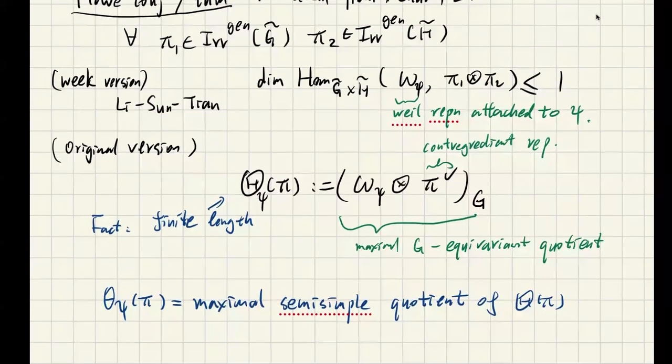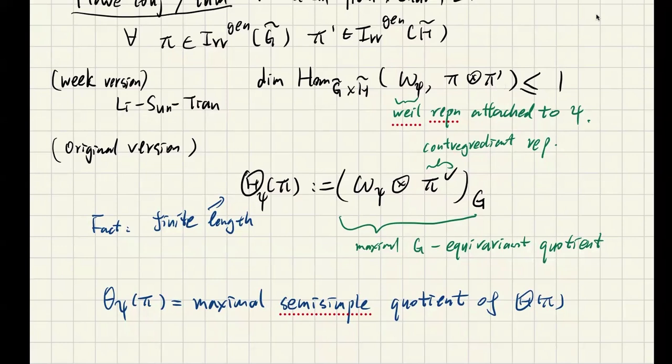Okay. Right. So the original version of the Howe duality conjecture, it's actually not that original, is that we consider, for an arbitrary irreducible genuine representation pi, the tensor product of the Weil representation with its conjugate.